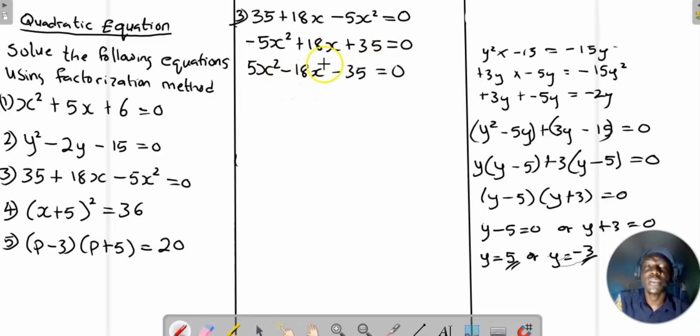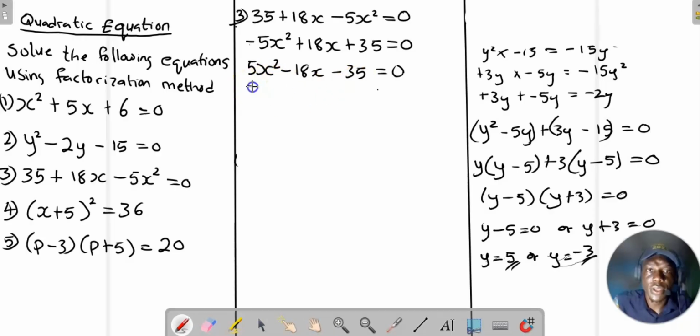So as you can see, we multiplied everything by minus 1, and it affected all the signs in this equation. Now you multiply the first term by the constant. You have 5x squared times minus 35, that will give you minus 175x squared. You look for two numbers that when you multiply them, you get minus 175x squared, and when you add them up, you get minus 18x.